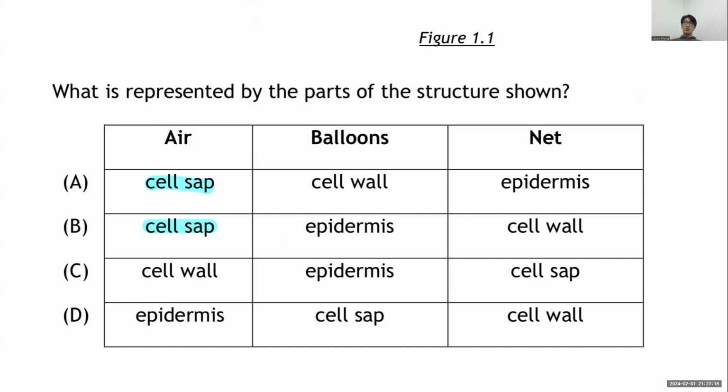Is the balloon inside the net or the net inside the balloon? Net inside the balloon. Look at your diagram. So which one is the outermost thing? Is the balloon or the net outermost? Net. Therefore, net has to be the epidermis. Answer C. Okay.